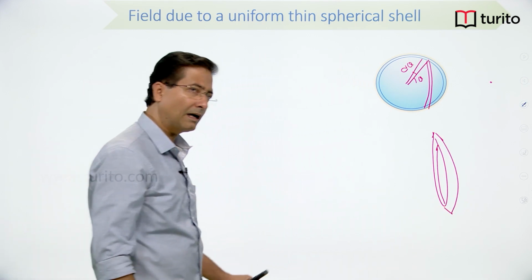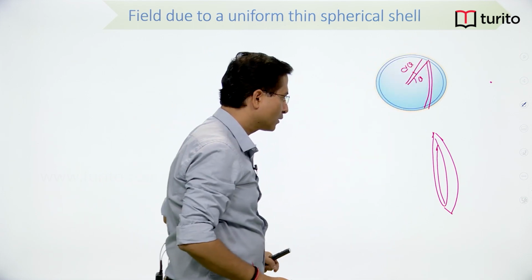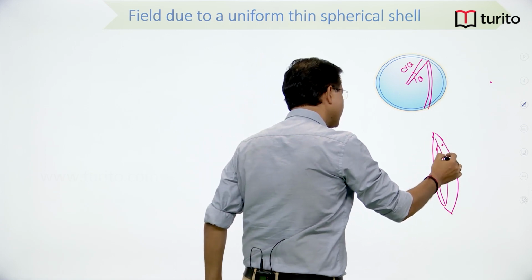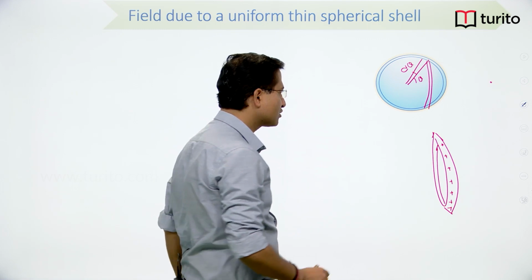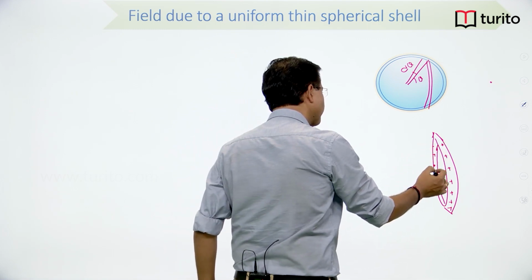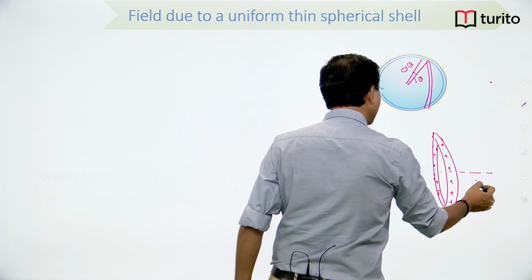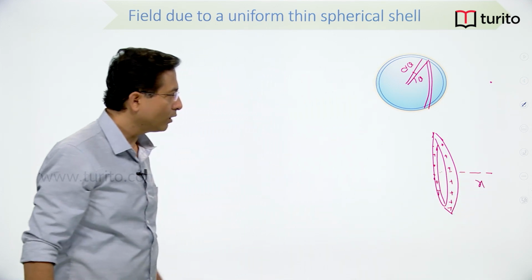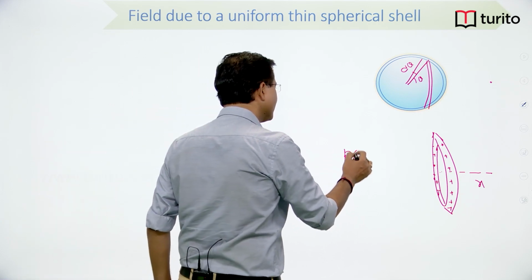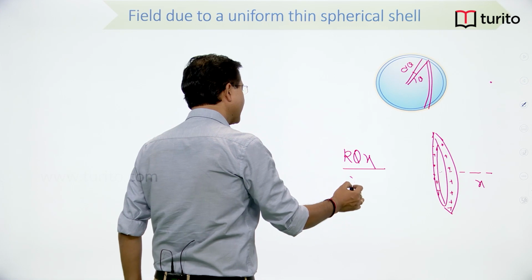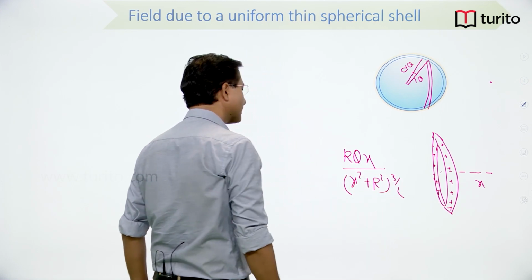Now I have taken the element as a ring, so charge will be distributed over the ring, and because of this element at this particular point, at a general point x, you know how to write the expression, right. So the formula is k q x divided by (x square plus r square) to the power 3 by 2, right.